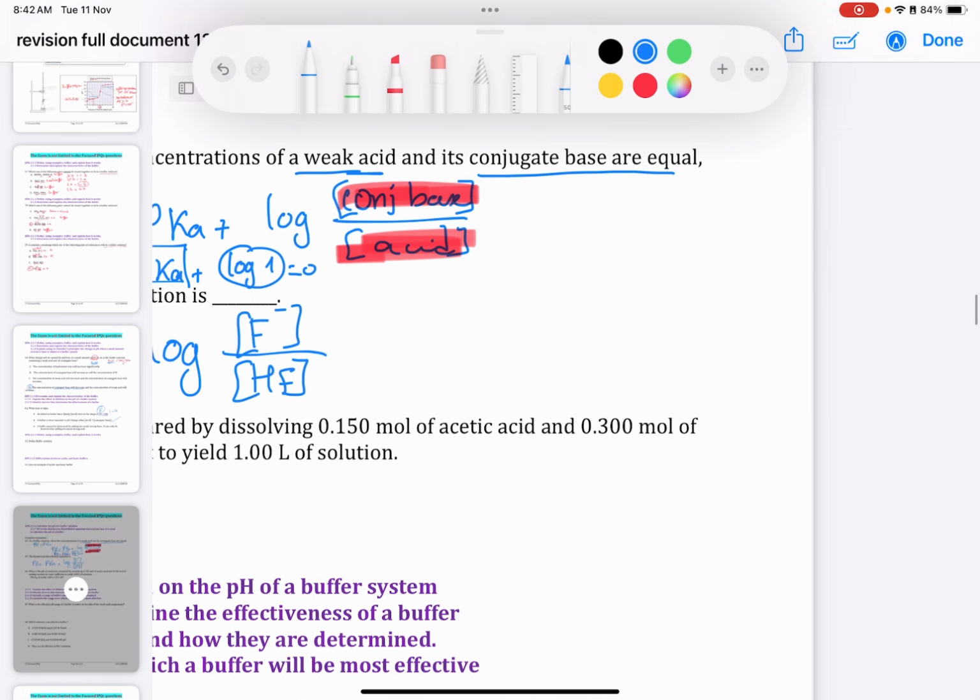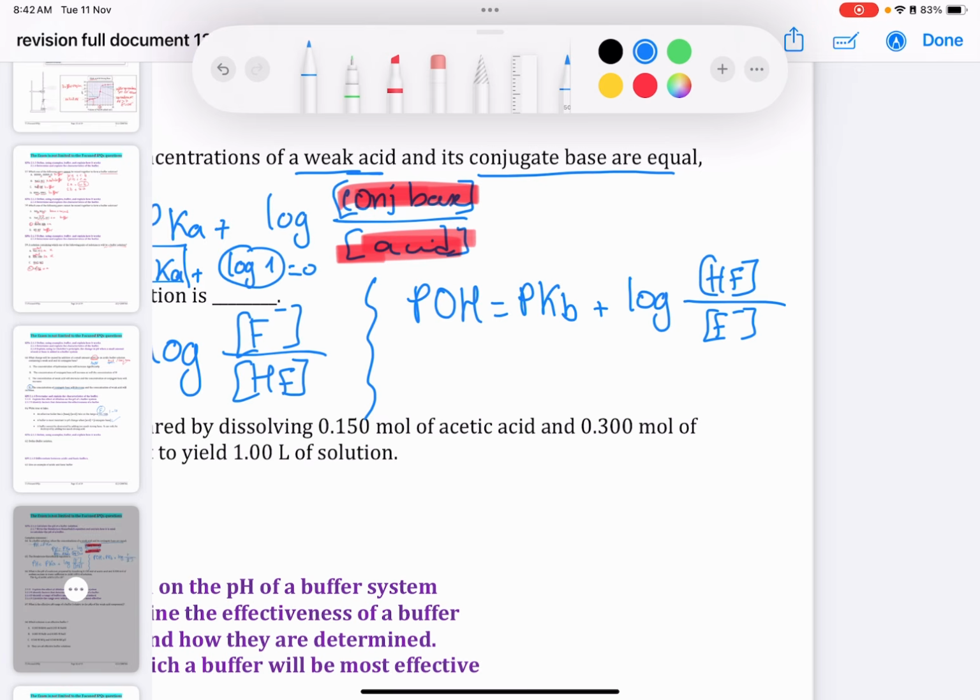If you want, I can write it over here, but we can still use the first one as well. So it's pKb plus log the base over the conjugate acid. Or I'm just going to write it in words. It's the base down and the conjugate acid up.